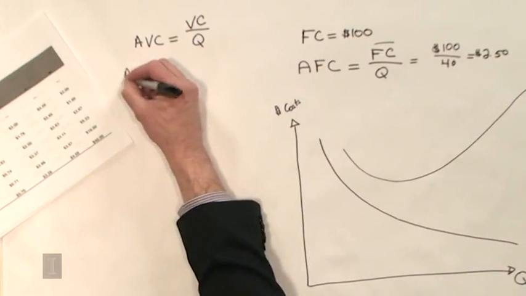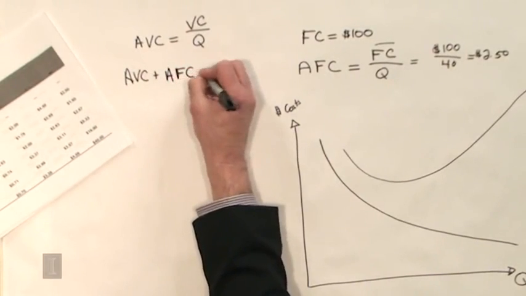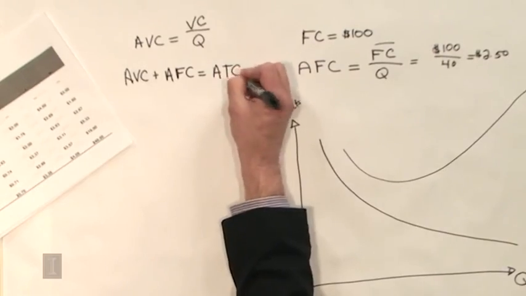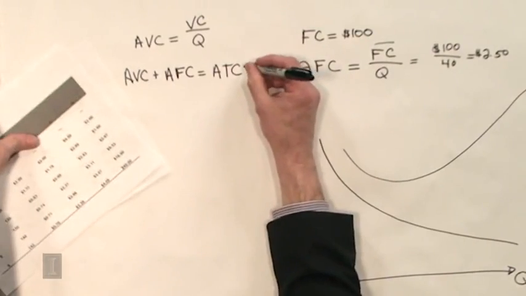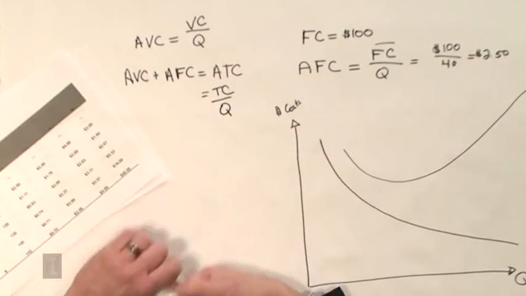And then finally, you can take those two measures, the average variable costs and the average fixed costs, and add them together to get the total cost per unit, the average total cost. You can also calculate that by simply dividing the total cost by the number of units. You get the same number.